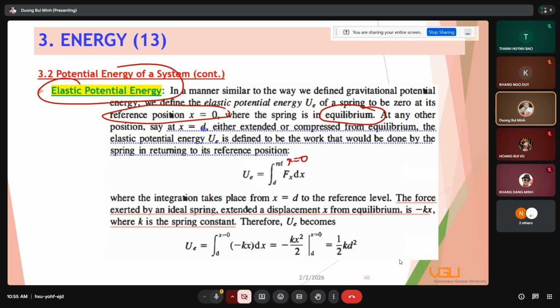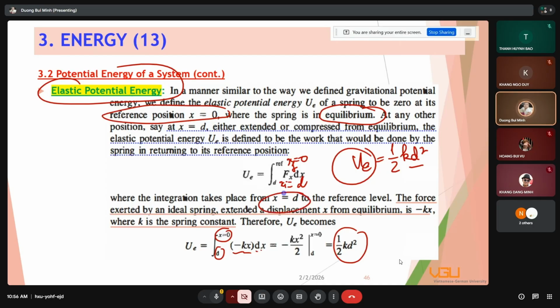At the other position, when the spring is compressed or extended, xi is d and xf is 0. Of course, we need to calculate an integral because Fx is a function of x. Fx is minus kx dx, so you get minus kx squared over 2 from 0 to d, which gives half kd squared. So now we have elastic potential energy UE equal to one over 2 kd squared.